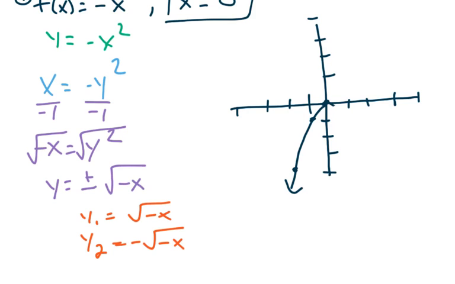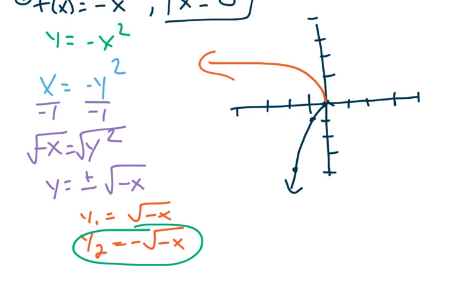I'll do the second one in green so we can see the difference. If you do the positive square root of negative x, you get something that looks like this. If you do the negative square root of negative x, you get something that looks like this. The question then becomes, which of the two is the actual reflection over the line y equals x?